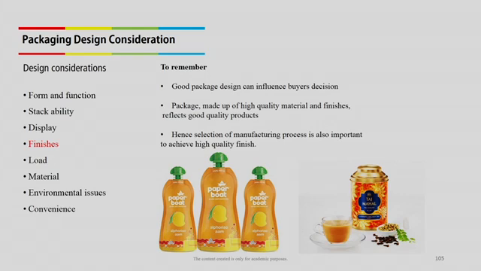In this particular case, the good quality material, the texture of the material and good graphics give a perception of a good quality product. The golden box and the finish of the product also give the perception of a good product.